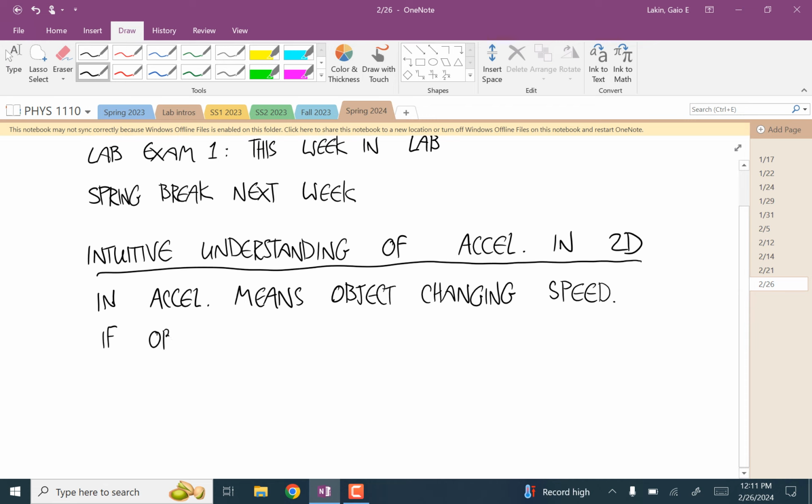If the object is speeding up, then the acceleration is in the same direction as the velocity.